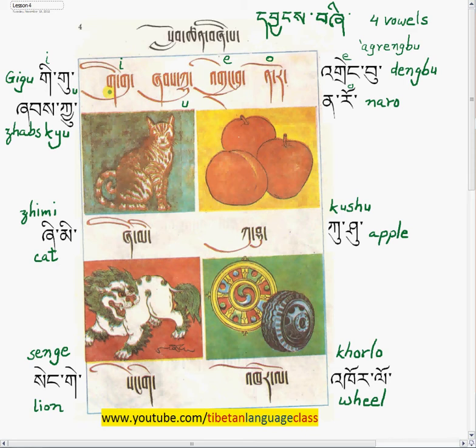So the first one is called kigu, and the way you spell is ka kigu ki, ka shabkyu ku kiku. And then same thing in uchen, ka kigu ki, ka shabkyu ku kiku. And then the second is sha pa sa shab, ka yata kya shabkyu kyu shabkyu. And then same thing here. So that's in uchen.